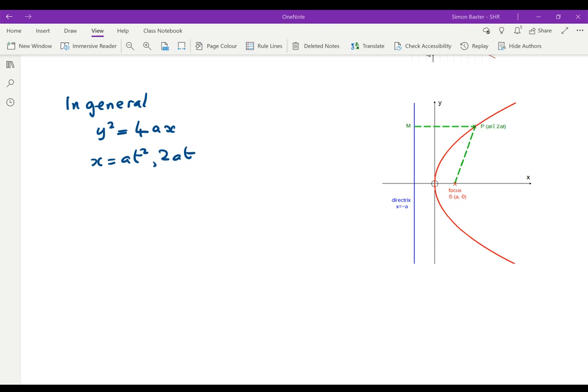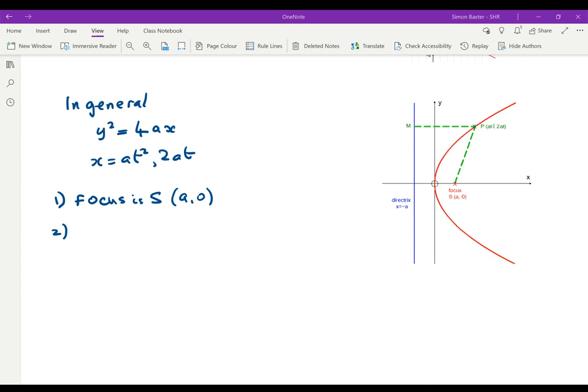So firstly, we can talk about the focus. It is the point S, which is (a, 0). Secondly, this blue line, x equals minus a, is called the directrix.